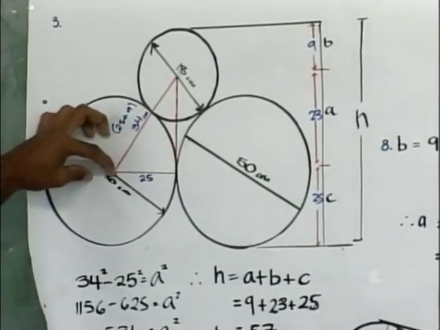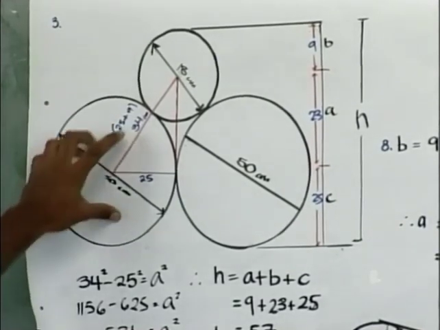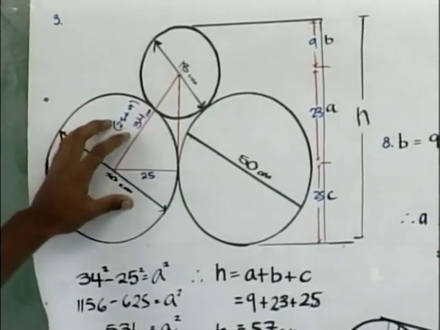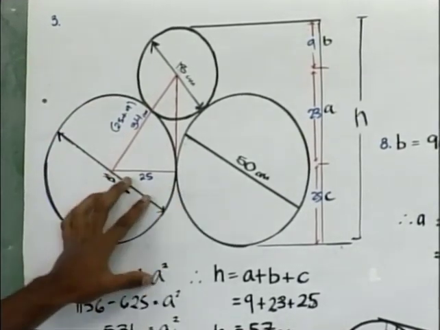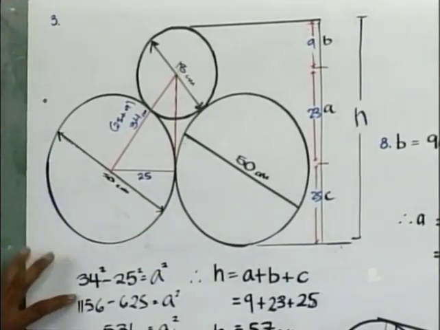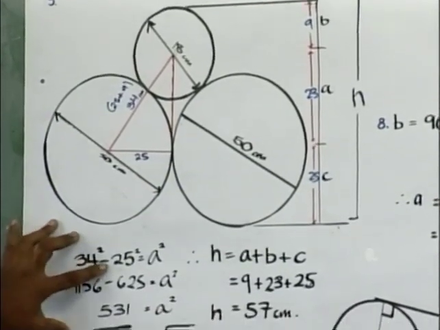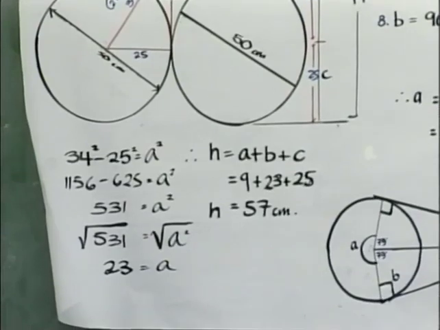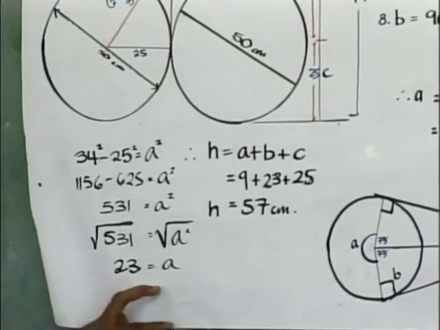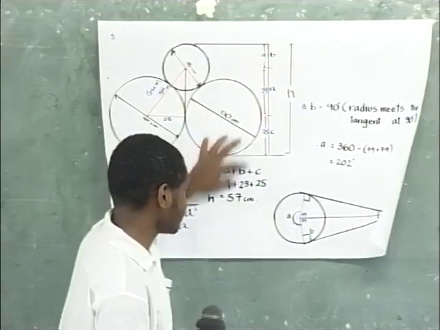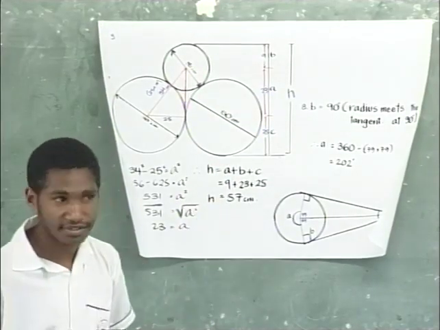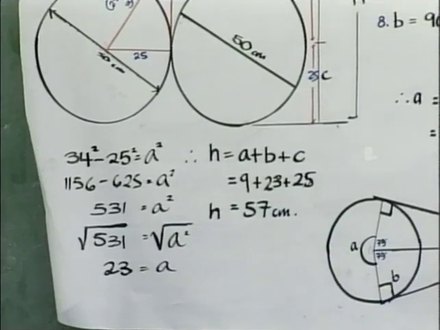So to find the hypotenuse, you add 25 centimeters plus 9 centimeters, you get 34, and the base is 25. We just used the Pythagoras theorem, 34 squared minus 25 squared, and we got 23 for A. So to find H, we just added A, B, and C, which is 57 centimeters. Good. Well done.